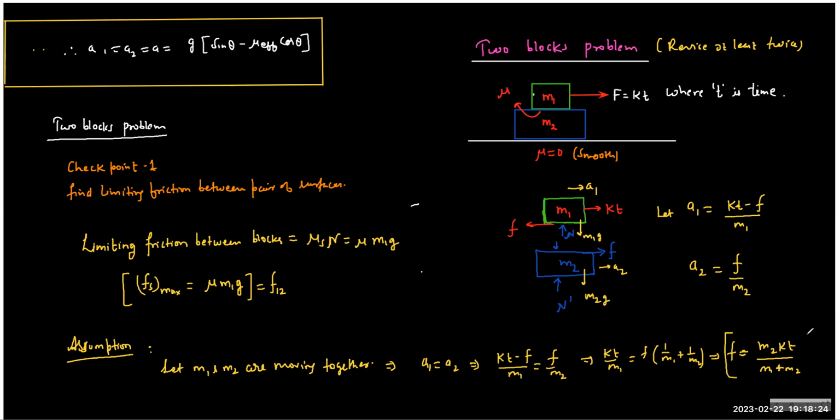So now this is the answer, which is not the answer again. This is the value which we are getting. And what you can realize, I know it's difficult, is that the friction is coming as a function of time t.